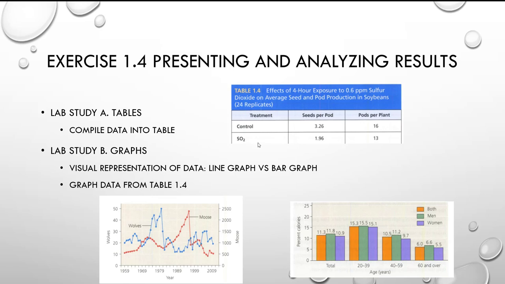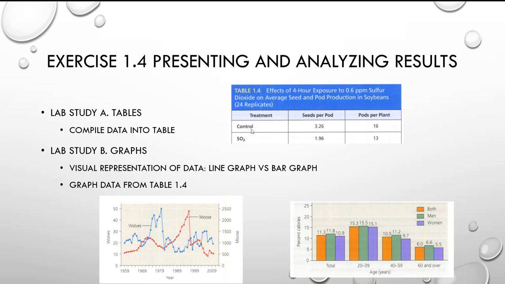You can see that the table includes a title, and then we have the treatment, and then we have the results, okay? I can totally see what the experiment is just based on this table. I don't even need to read the information here.